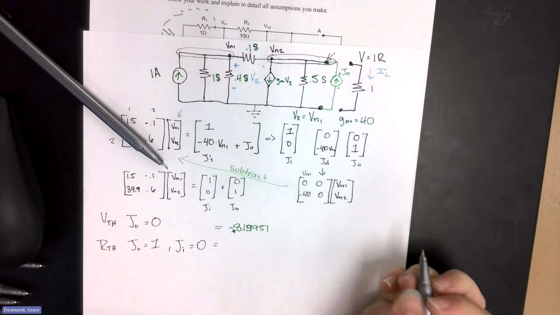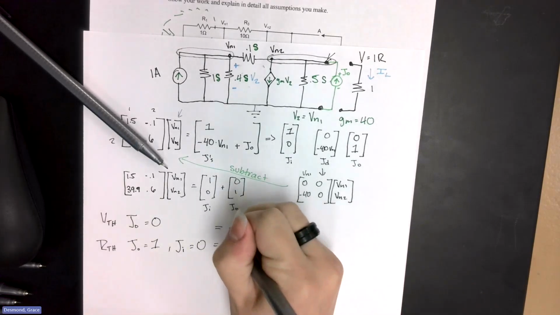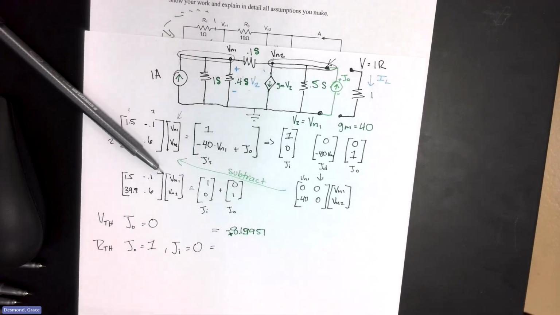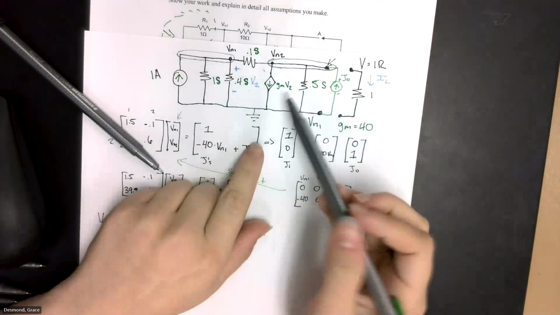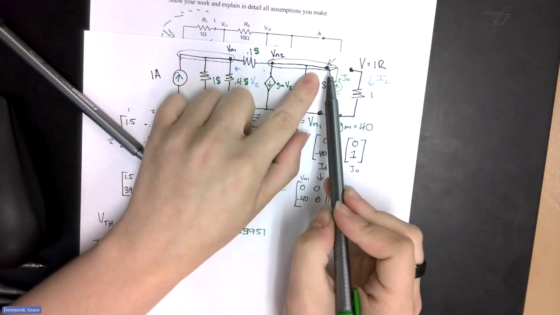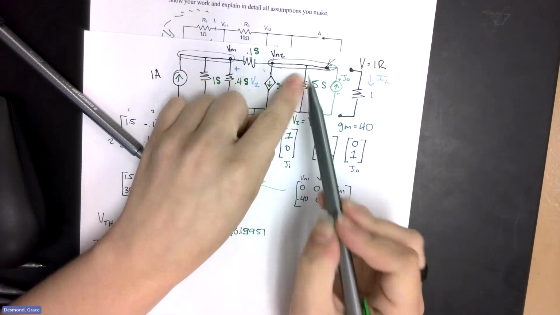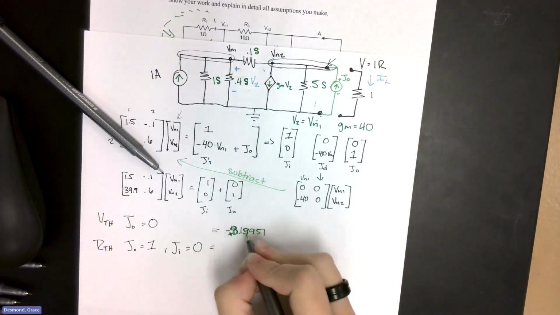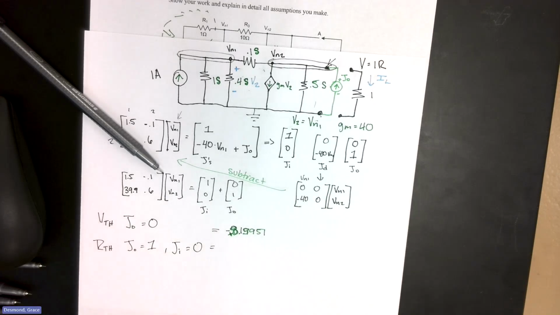Thank you. That was rough. And then, do y'all understand why I did the VN2 for that? We look back up here, we're looking from this point to this point, which is VN2. So we solved and we got 8.15951.